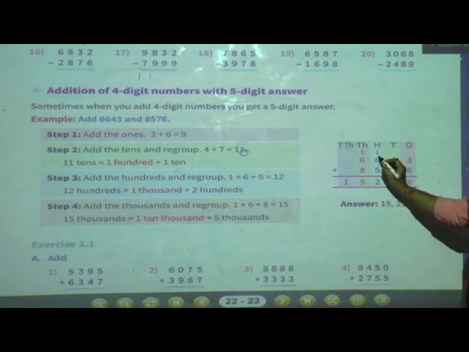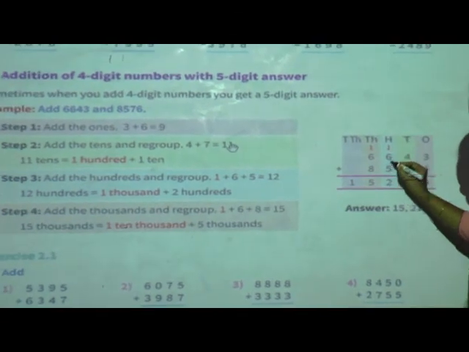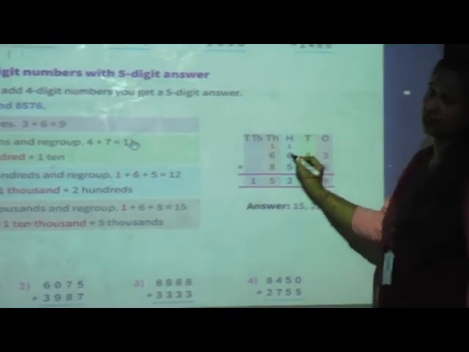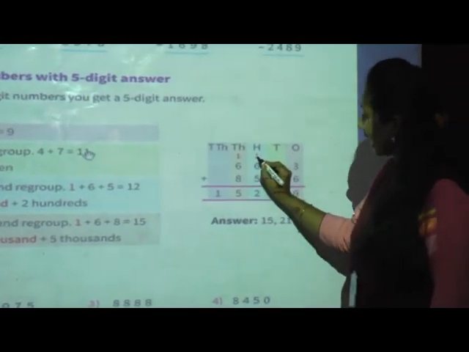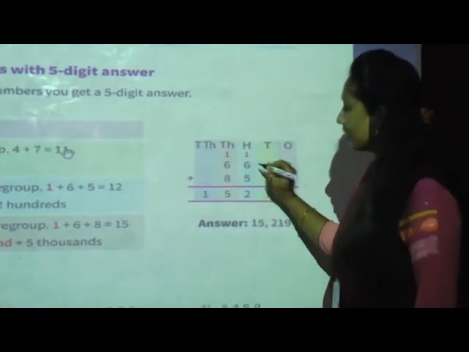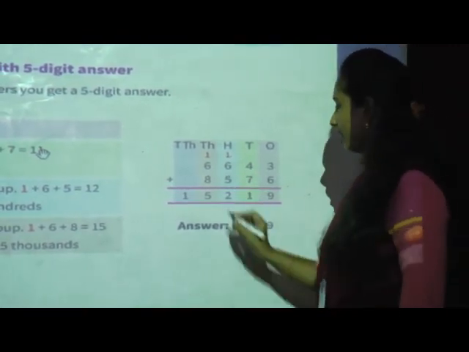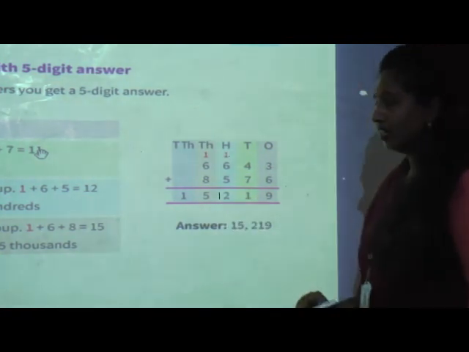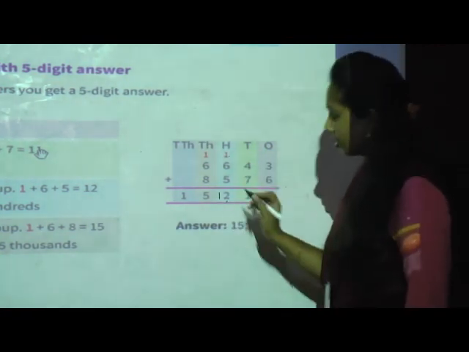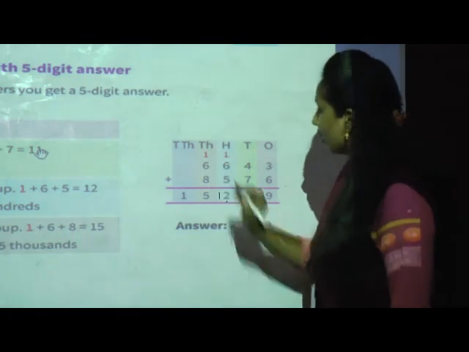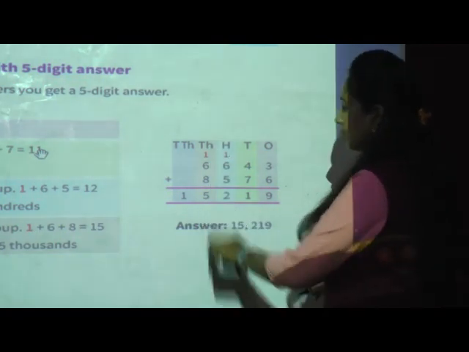Okay. Now we have given carry to hundreds place. Now we have to add these 3 numbers. We have to regroup with carry also. First 1 plus 6, 7. 7 plus 5, 12. So how we will write 12? 2 will remain as it is in hundreds place. 1 we have to carry to the thousands place.